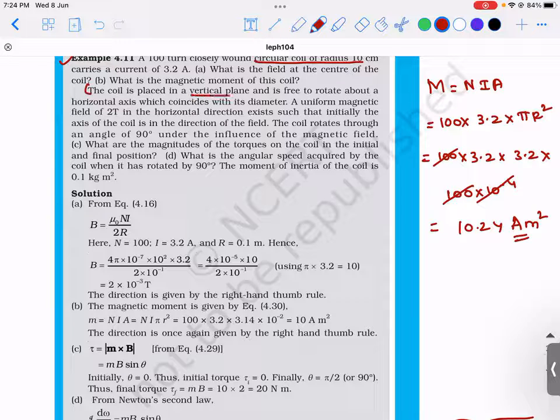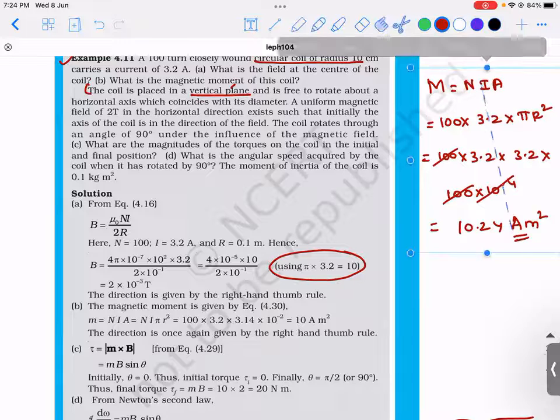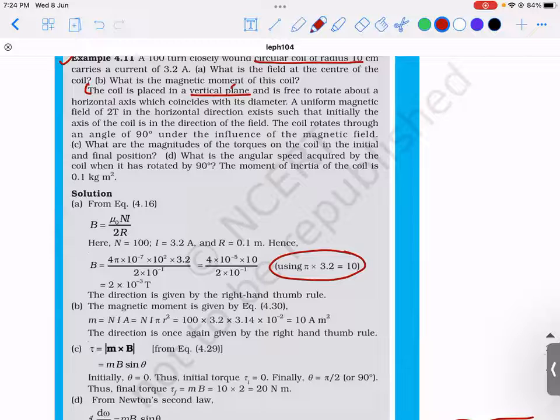The coil is placed in a vertical plane and is free to rotate about a horizontal axis which coincides with its diameter.